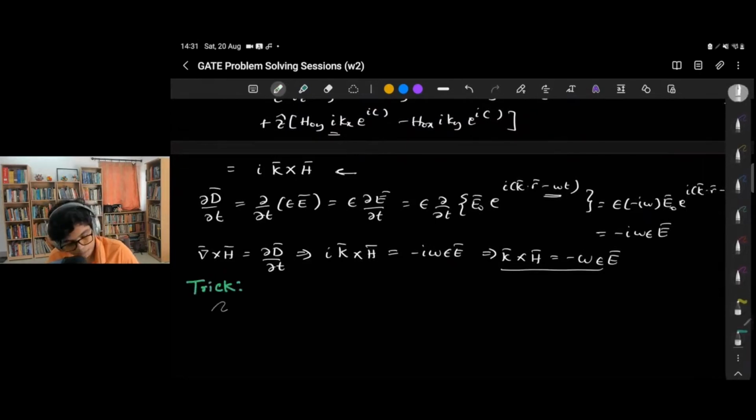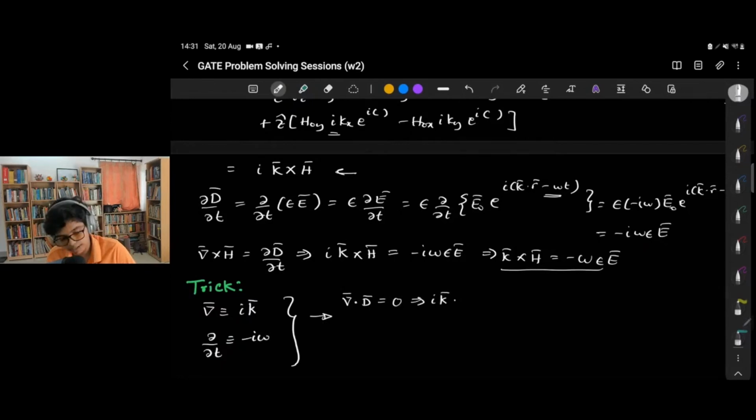The trick is that you replace your curl or gradient, basically this del operator, by the vector ik, and you replace the time derivative by minus i omega. If you use these, you would see that you immediately arrive at the expression. So del dot D is equal to 0 implies i k dot D is equal to 0.